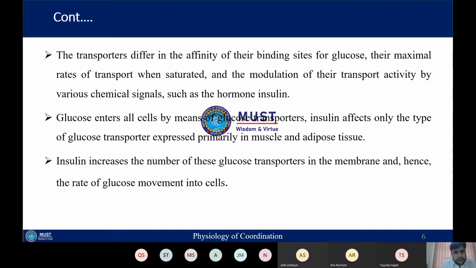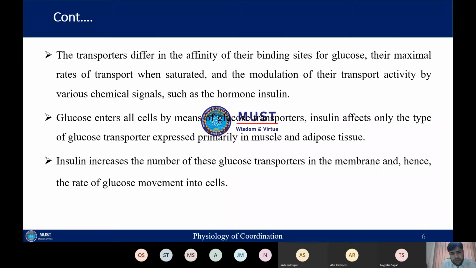At that particular time, the maximum rate of transport will be achieved by the cell. The transport activity can be modulated with the help of certain stimuli or chemical signals, for example a hormone, insulin. As all of you know, insulin can lower the blood glucose concentration.